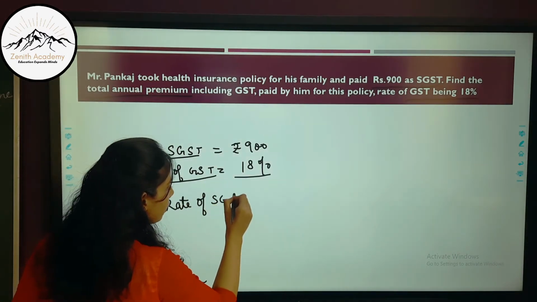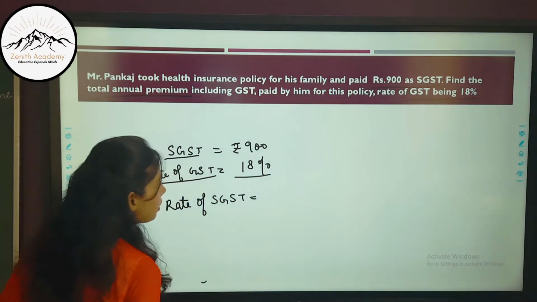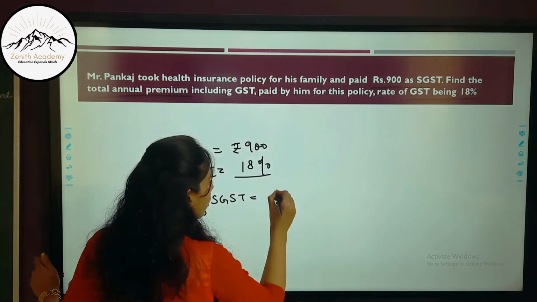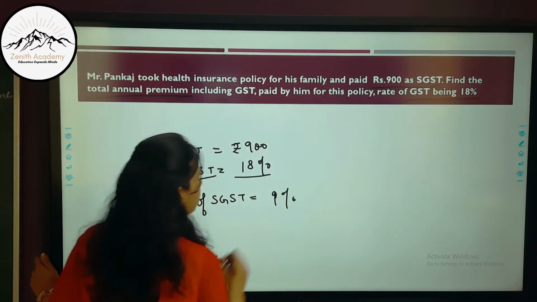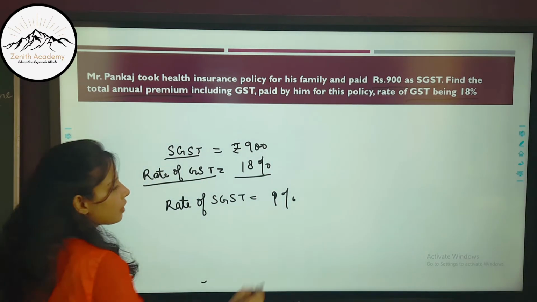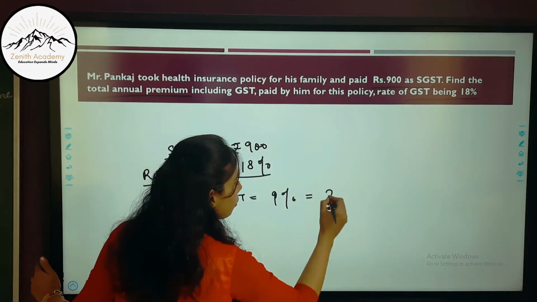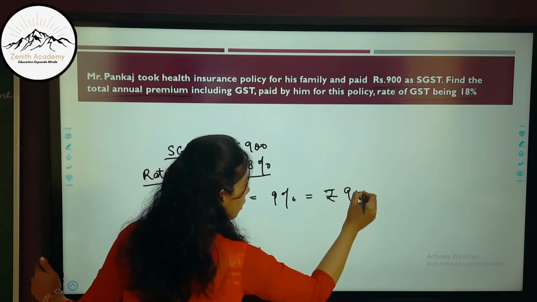Because they are equally allocated, SGST is equal to 9%. Now, this 9% is in turn equal to rupees 900.